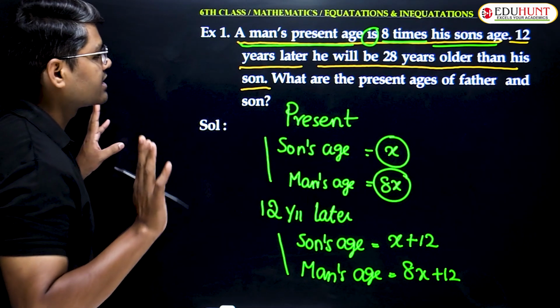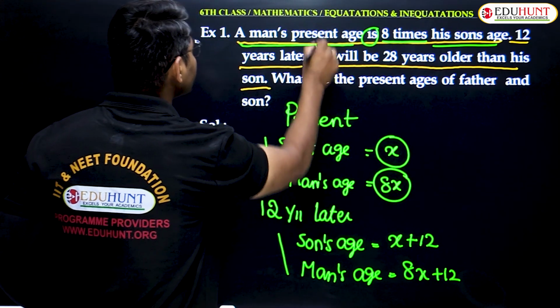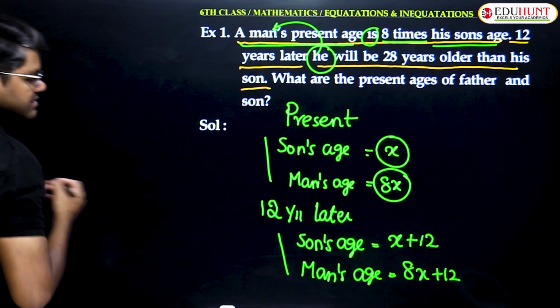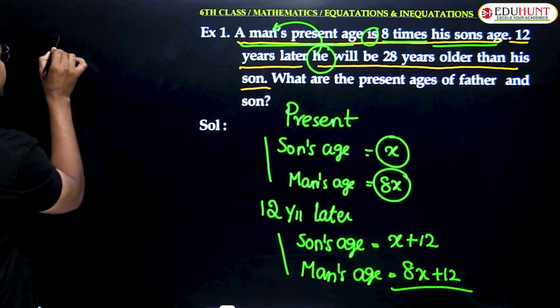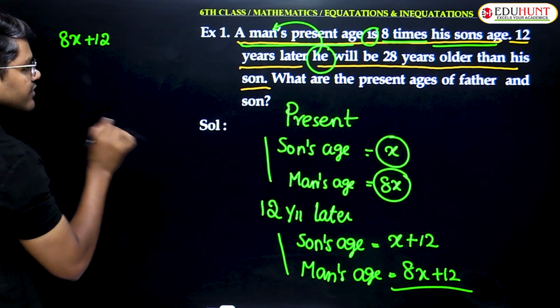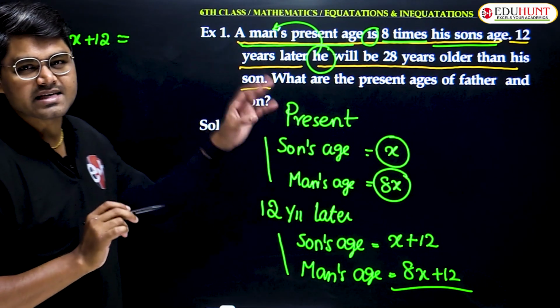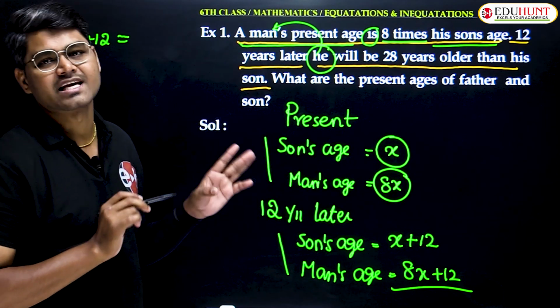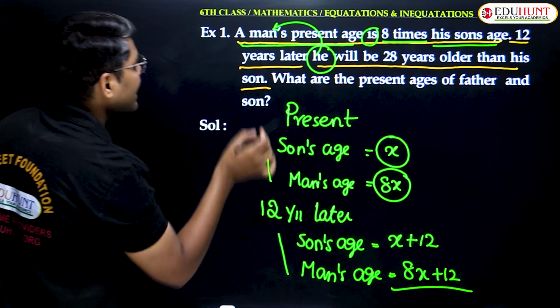Now, look at the conditions. 12 years later, he refers to man. 12 years later, man will be, that means 8x plus 12 will be, whenever you see will be, that is equal to. Will be means equal to, is means equal to. Will be 28 years older than his son.